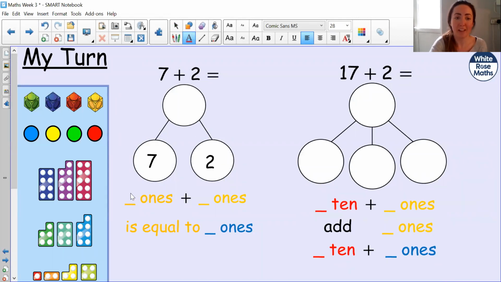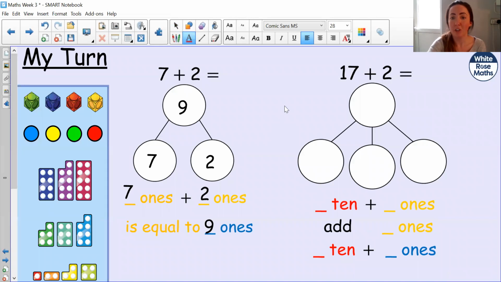And that's the same as saying 7 ones add 2 ones. Okay, and we know, or we can work out that 7 ones add 2 ones equals 9, or 9 ones. Okay, so there's our completed part-whole model for 7 add 2, that number bond of 7 add 2.